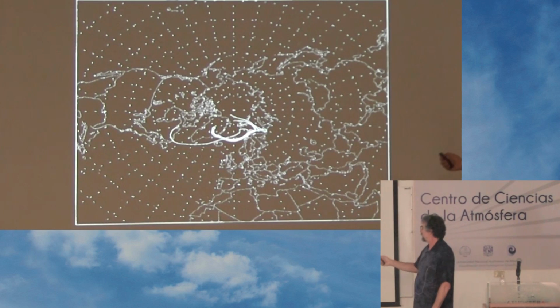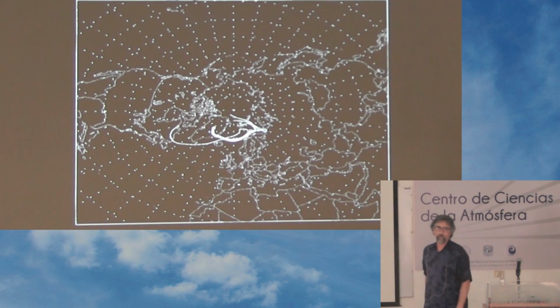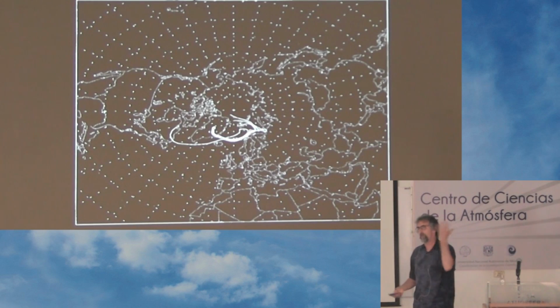In this case, the trajectories are in Greenland. Rodolfo told you that I have a lot of projects in the Arctic. So I had a project where I was trying to determine the sources of the pollutants in the snow and the Greenland ice sheet. So here's an example of several trajectories.